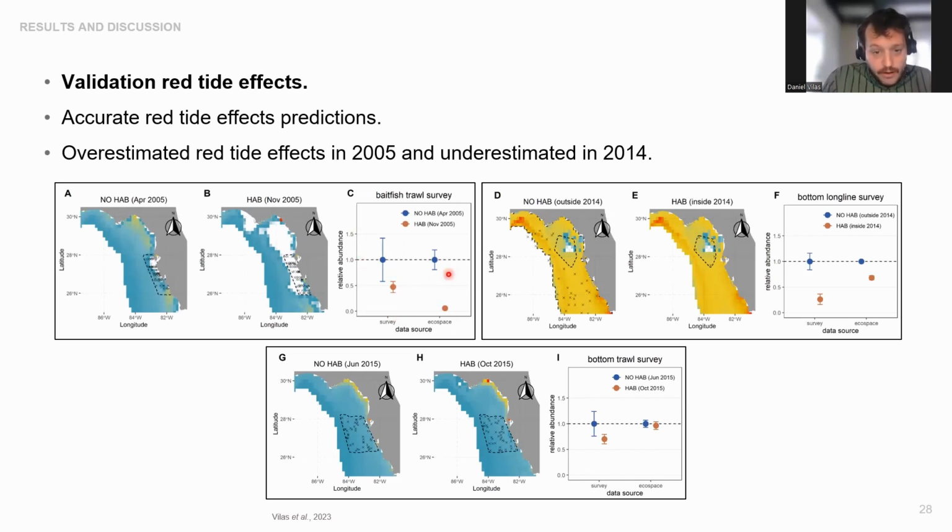For example, here we see that Ecospace over-predicts these red tide effects compared to the fishery independent data. But in 2014, we see the opposite. Our Ecospace prediction underestimates the effects of red tide. We have a decrease in biomass here that was not captured by Ecospace.